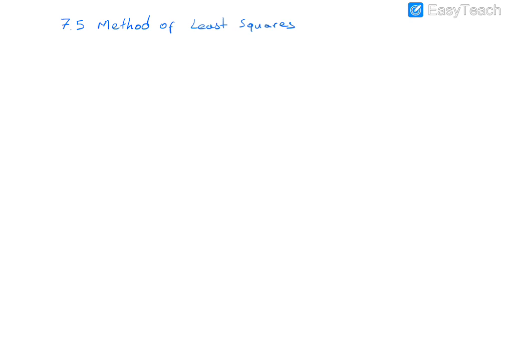Now, using the optimization techniques to find the maximum and minimum of functions, we can develop and explain the mathematical foundation of the method of least square. We begin with linear regression, the process of finding the equation of the line that is the best approximation to a set of data points.